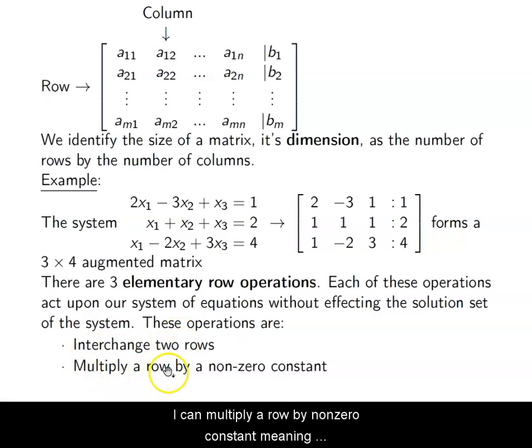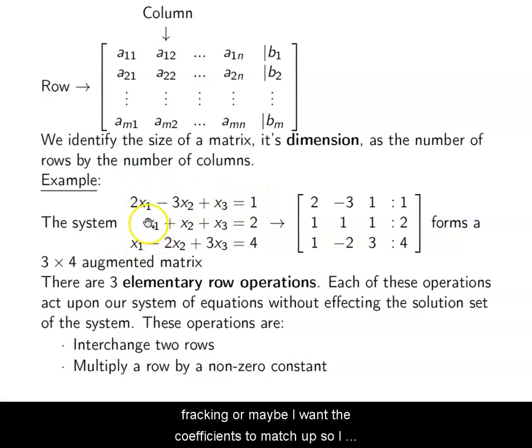I can multiply a row by a non-zero constant, meaning that I can take a whole row and multiply every number there by 5. That would be the same thing as me taking this entire equation and multiplying it times 5, which is something that we would do when we have fractions, for instance, right? We multiply an entire equation times a number so that I have no more fractions.